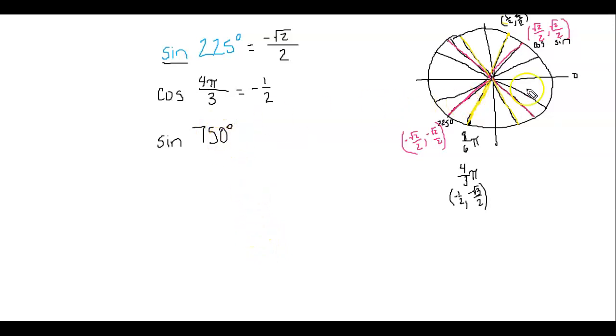So I'm like, okay, if I start here at 0 and go all the way around, that's 360. And if I go all the way around again, that's another 360. And so 360 and 360 is 720. So I need 30 more degrees. So I end up here. So this is where 750 degrees would be.